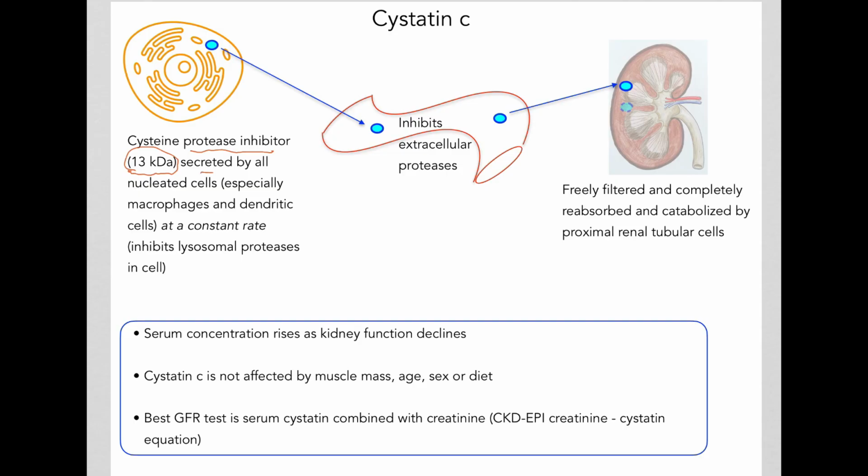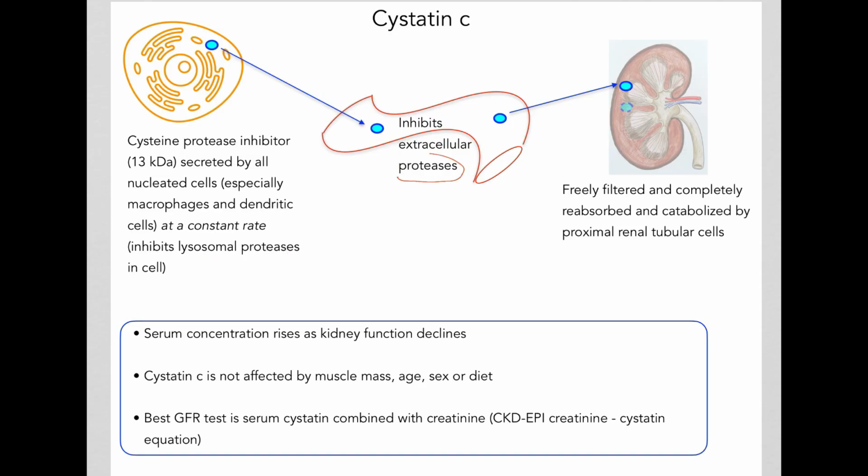It's secreted by all nucleated cells, especially macrophages and dendritic cells, at a constant rate. In the cell, this protease inhibitor inhibits lysosomal proteases. Once it's secreted, it inhibits extracellular proteases.